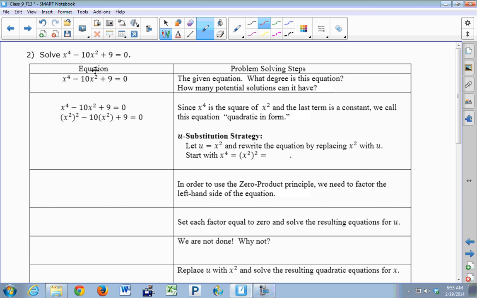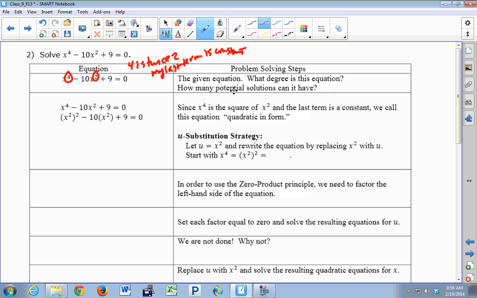So once you recognize, and that's the key, that this equation looks quadratic because the degree of my first term is twice the degree of my second term, 4 is twice 2, and my last term is constant, you know this is going to be solved something like a quadratic equation, so you know where to go in your little compartments that you've stored in your brain.